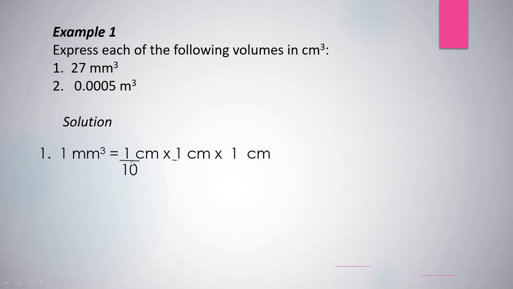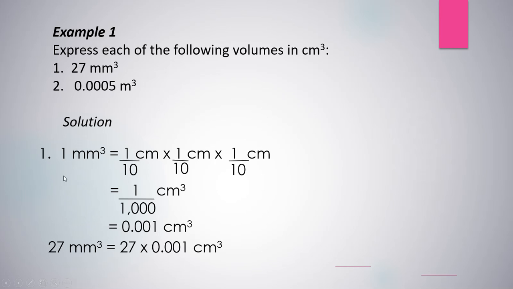So here we shall have 1 over 10 times 1 over 10 times 1 over 10, because 1 millimeter is the same as 1 over 10 centimeter. But we have cubic, so we shall multiply 3 times. So therefore 1 millimeter cubed is equal to 1 over 1000 centimeters cubed, which is 0.001 centimeters cubed.